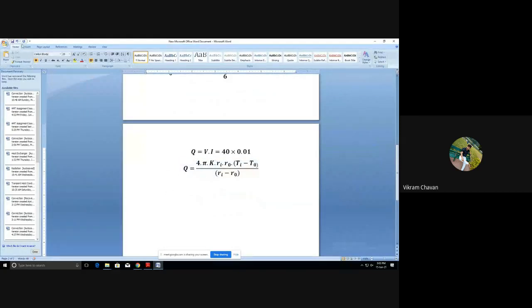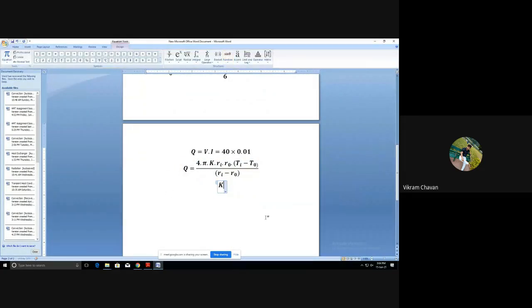Okay, so we can write K as K is equal to Q multiplied by R naught minus Ri, whole divided by 4 pi Ri multiplied by R naught multiplied by Ti minus T naught.